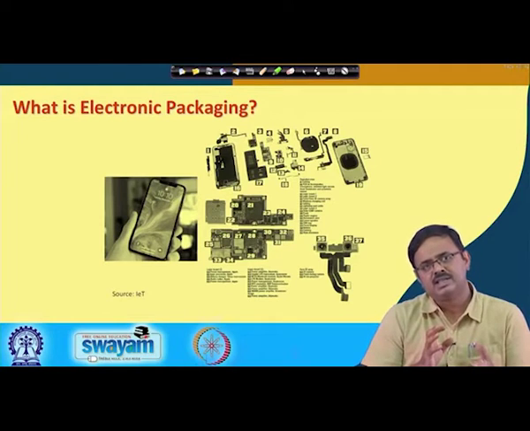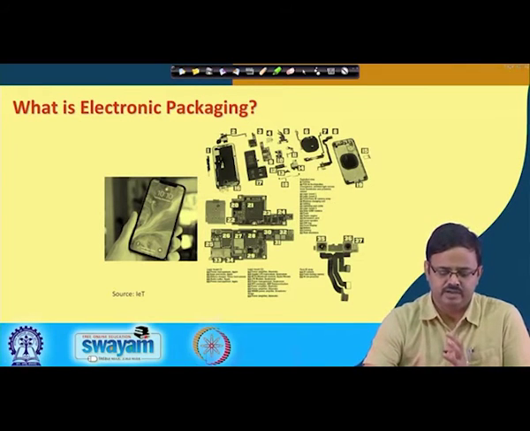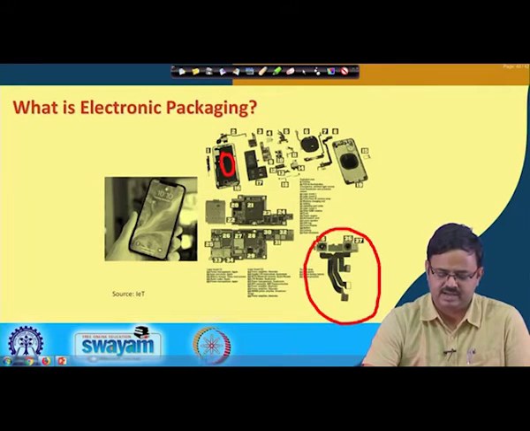I'm showing a nice mobile smartphone on the left hand side, and then inside you see the different components that go into it, starting with a casing over here. This is the casing, right? There's a battery, there are cables and connectors.